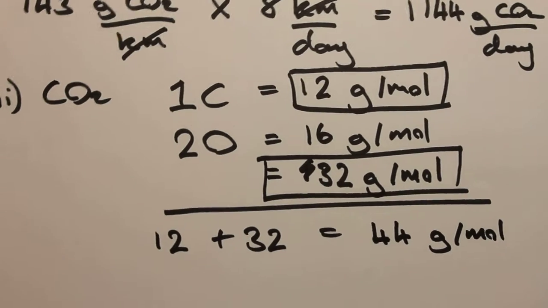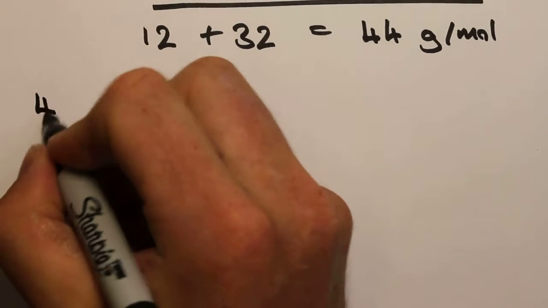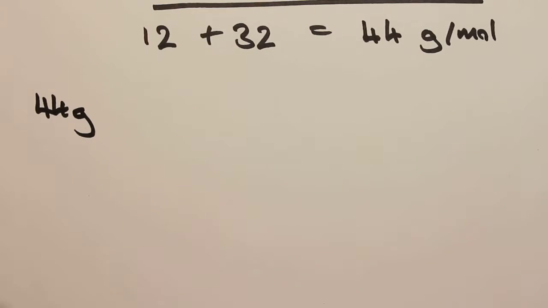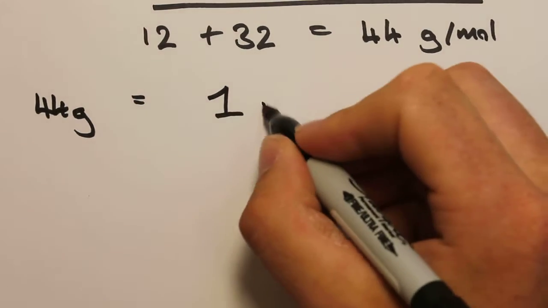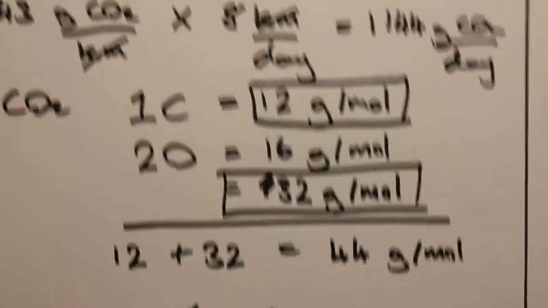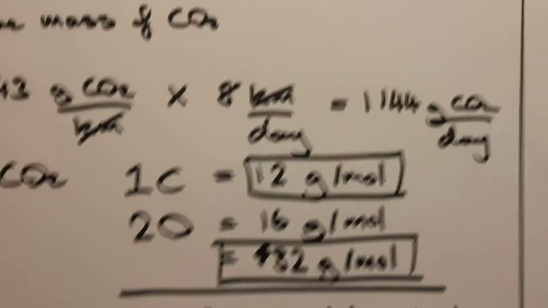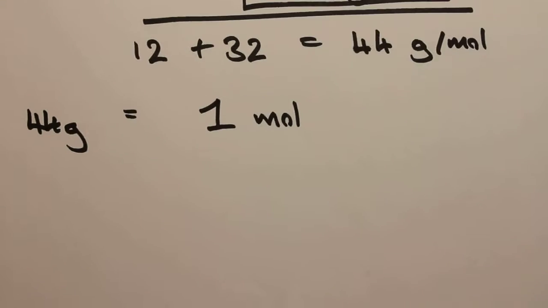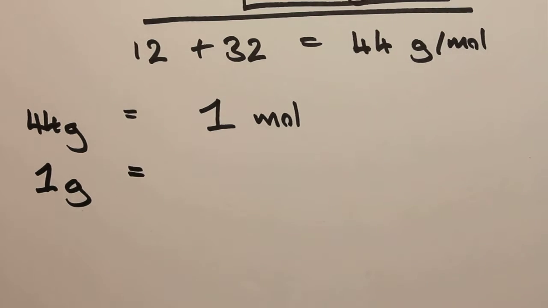What this is telling us is that 44 grams of carbon dioxide is equal to 1 mole of carbon dioxide. But we're not interested in 44 grams. We're interested in 1,144 grams of CO2. So we're going to divide both sides by 44 and find out what 1 gram of CO2 would equal.